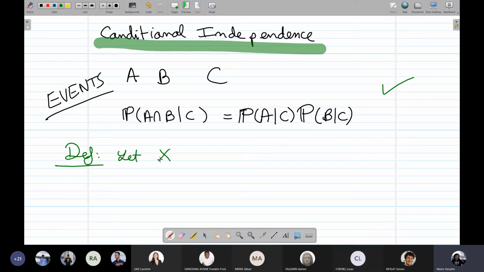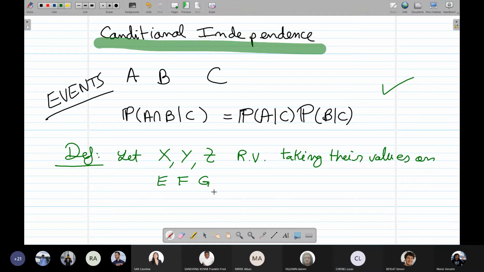Let X, Y, and Z be random variables taking their values on the sets E, F, G, respectively.